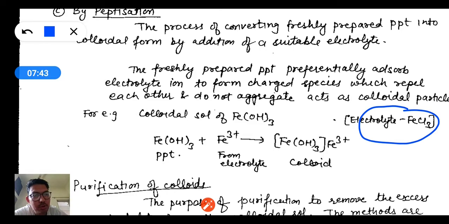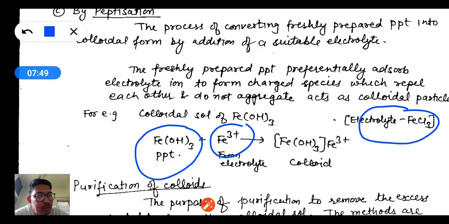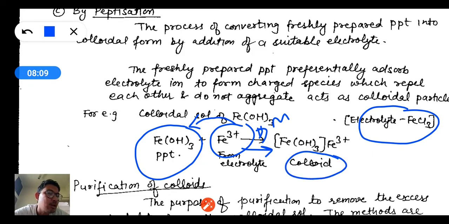So in the solution ferric chloride will give ferric ions, and the ferric hydroxide precipitate is formed. Now you are adding the electrolyte, this Fe3+ ion coming from the electrolyte, but here in between the dispersion medium is also there, and in the presence of dispersion medium a little bit of electrolyte converts this precipitate into colloidal state.